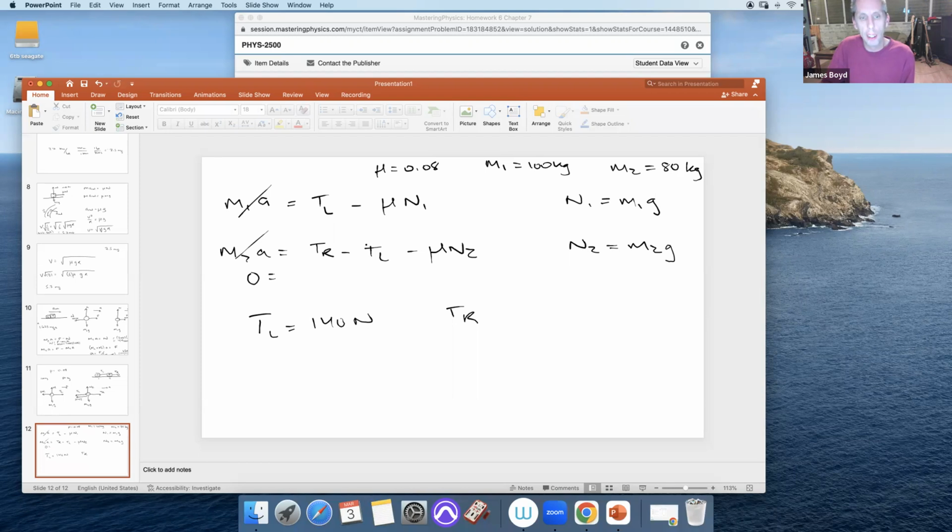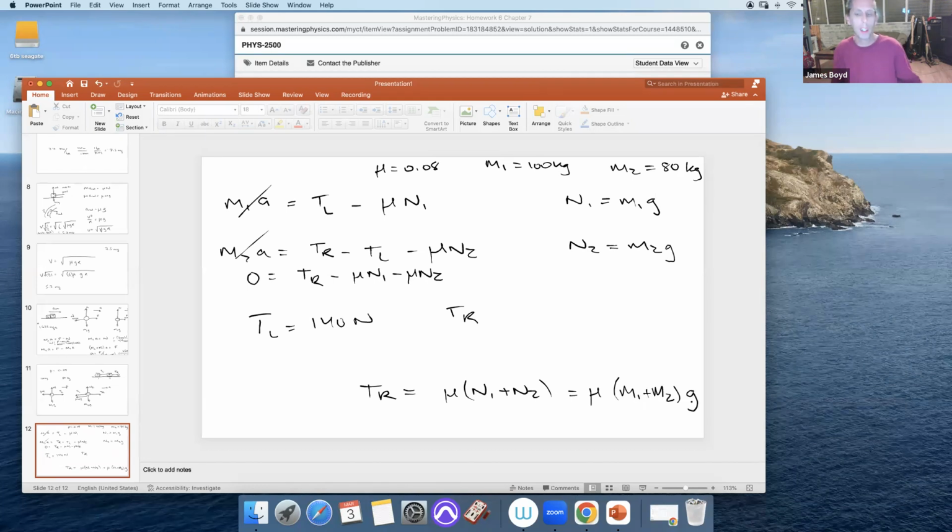So I get 0 is T left cancels, and I get T right minus mu N1 minus mu N2, which means that TR is mu times N1 plus N2, and move those over, which is mu times M1 plus M2 times G. Now, mu was 0.08. 100 plus 80 is 180, and 9.8.